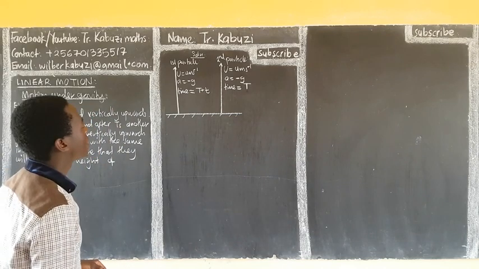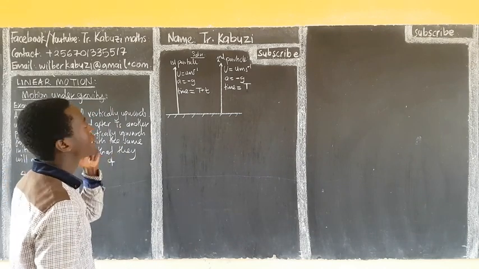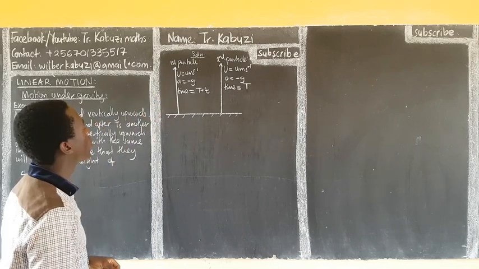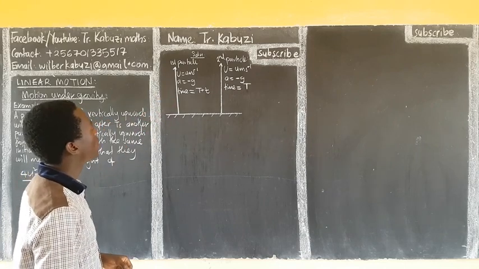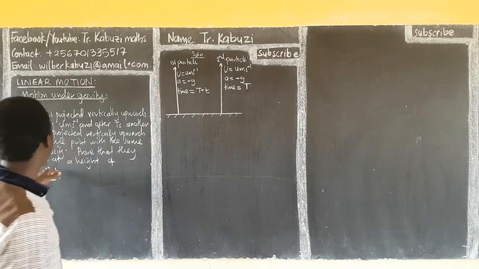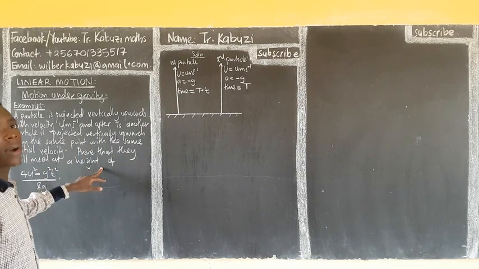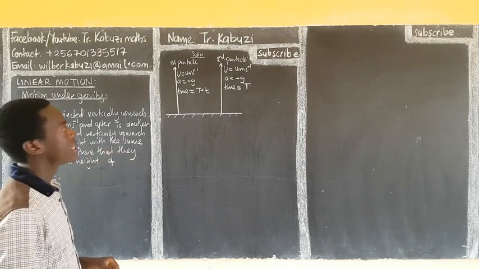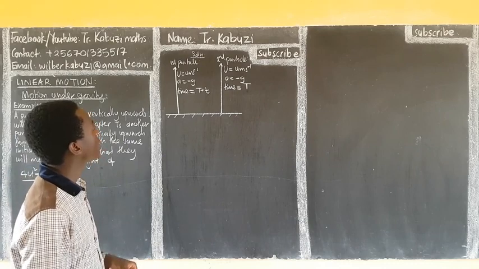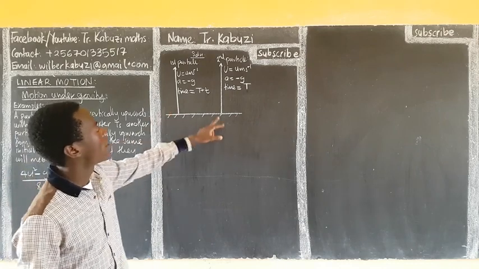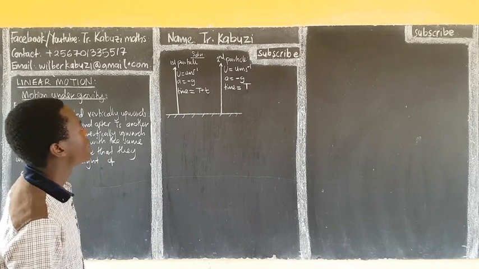From there, they are telling us that at a certain height, the distance they would have covered must be equal. So at the height where they meet, their distances will be the same. First we get the distance of the first particle, then the distance of the second particle.